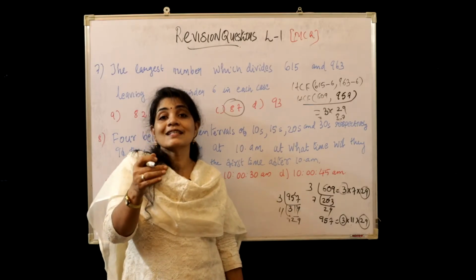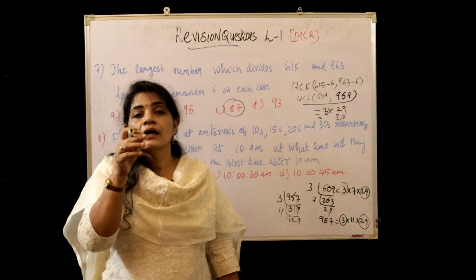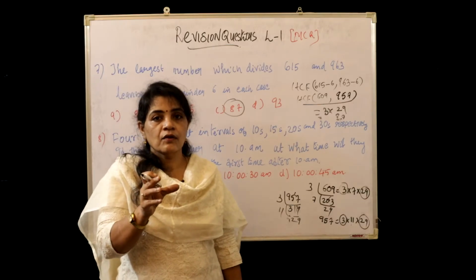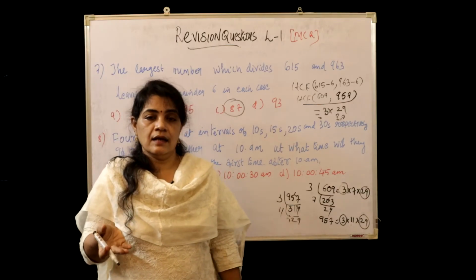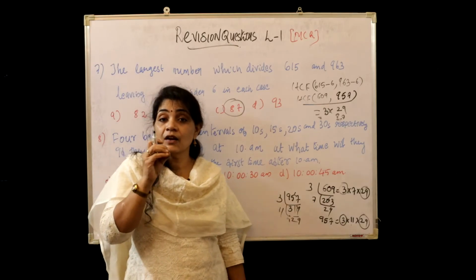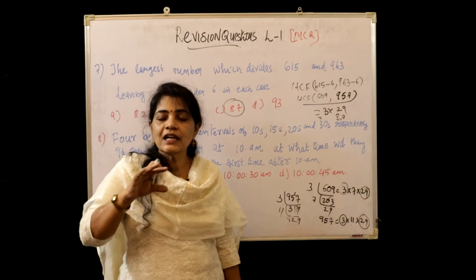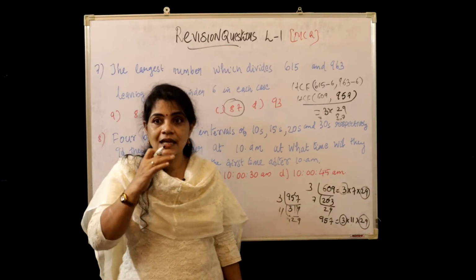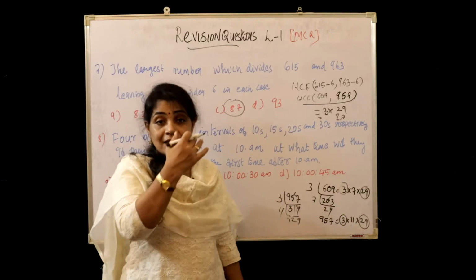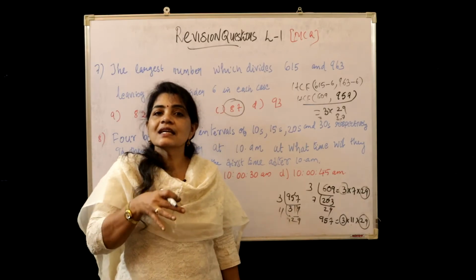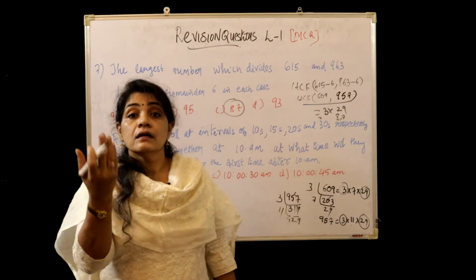HCF is always less than or equal to the given numbers. LCM is always greater. Some children may have confusion here. This is the idea, children: after reading the question, the concept is it will be a greater number than the given numbers. In such cases, you have to find out the LCM.